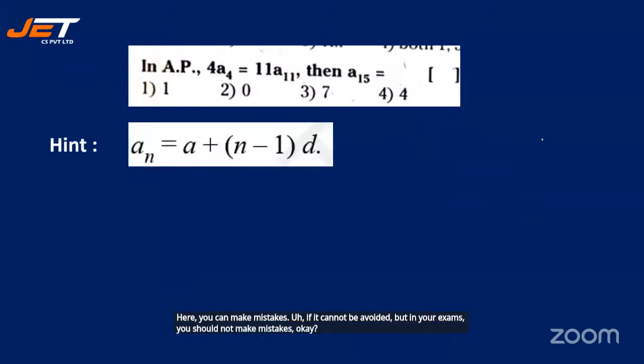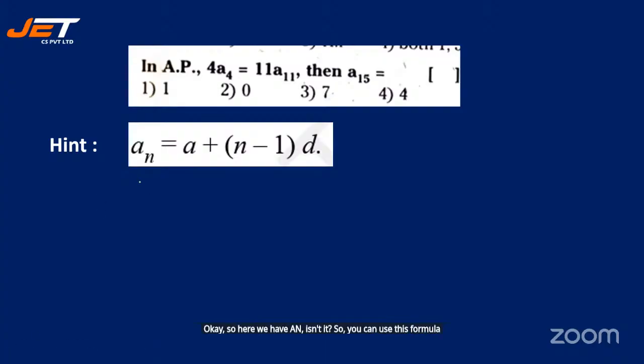Now see the next question in AP. 4 A4 is 11 A11. Then you need to find out what? A15. Okay. So here we have AN, isn't it? So you can use this formula. They themselves have given you. So what is A4? A4 is nothing but A plus (n minus 1), 3 minus 1 into D. Right. Now what is A11?